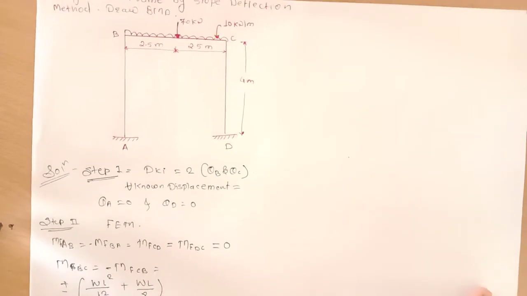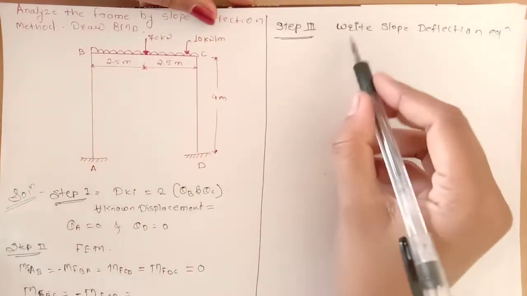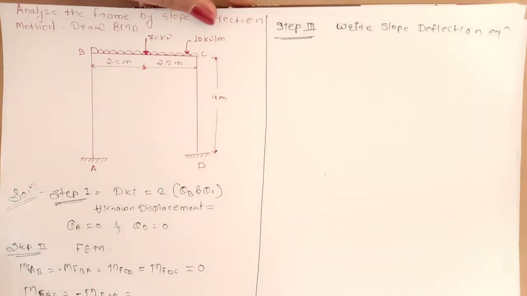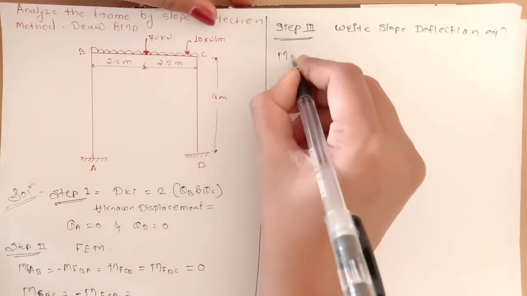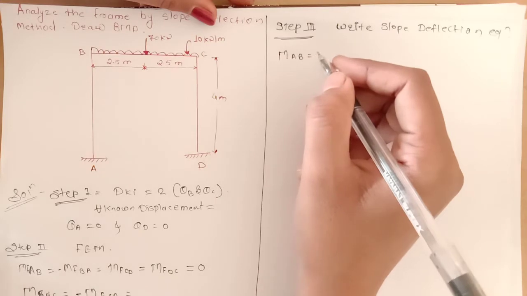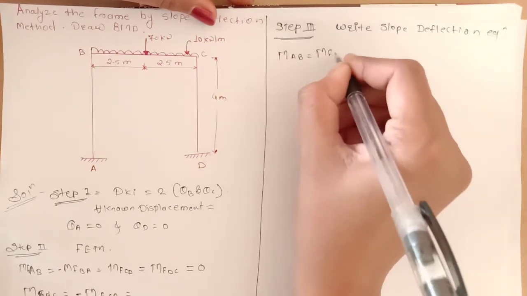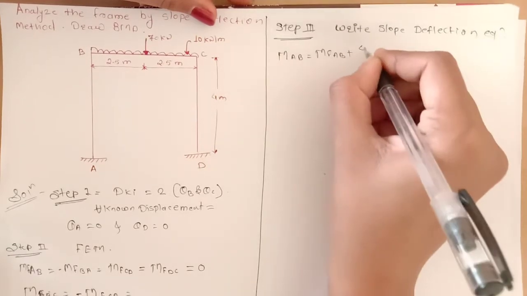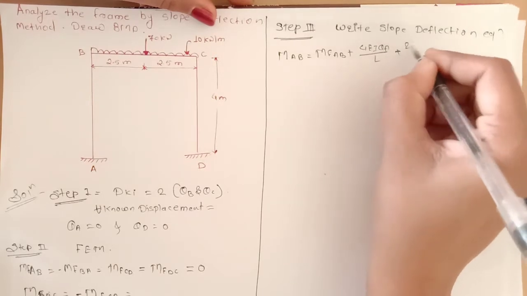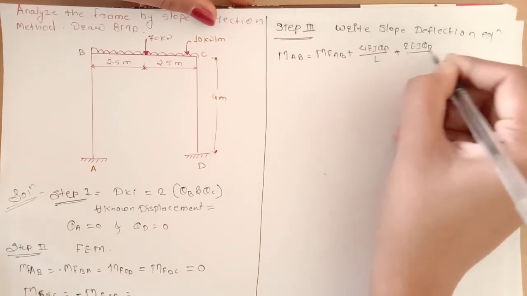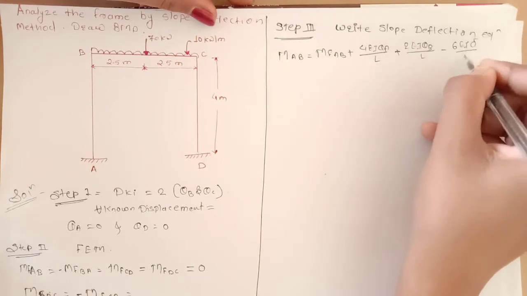Then next, step number 3, write the slope deflection equations. First take member AB. The slope deflection equation for member AB is, formula, fixed end moment for member AB plus 4EI theta A divided by L plus 2EI theta B divided by L minus 6EI delta divided by L square.